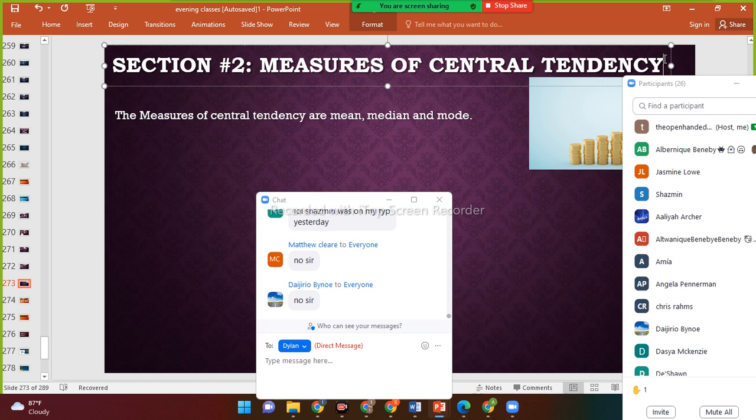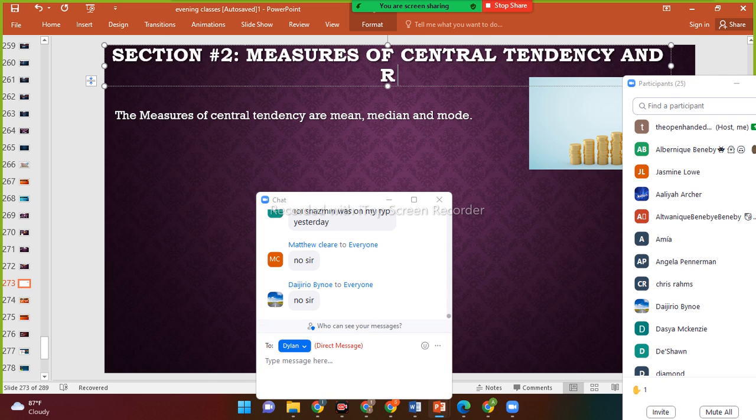Oh, I know this. Y'all know what mean, median, and mode is, right? Okay, good. So measures of central tendency and range.